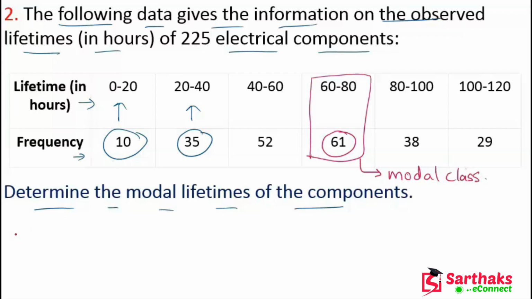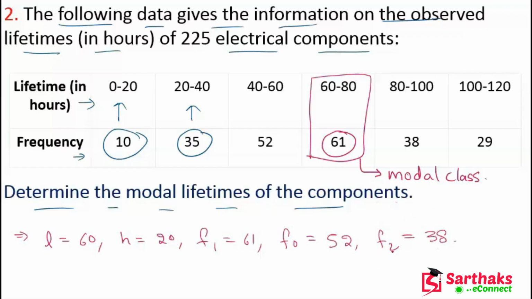So we have L, the lower limit of the model class, which is 60. h is the width, which is 20. f1 is the frequency of the model class, which is 61. f0 is the frequency of the class preceding the model class, which is 52. f2 is the frequency of the class succeeding the model class, which is 38.